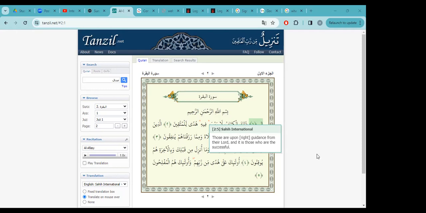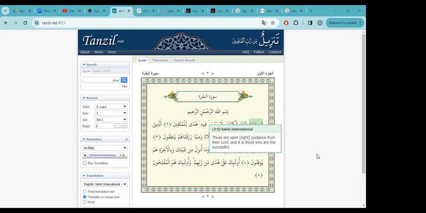Yes, okay, I get it. And because Ism has the ba before it and it's turned into kasra, that means the ba is a harf jar, so it's a particle. And the word after a harf jar has to be a noun.